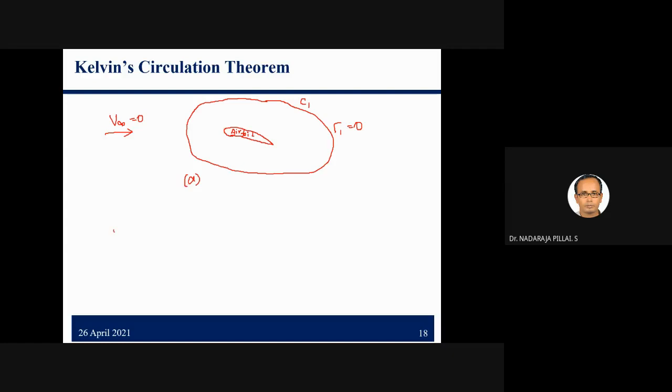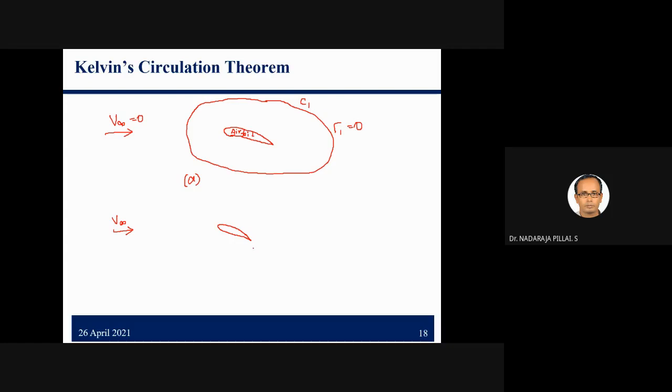Now you have a finite velocity v infinity. So when you have a finite velocity v infinity, this airfoil is at some angle of attack, right?